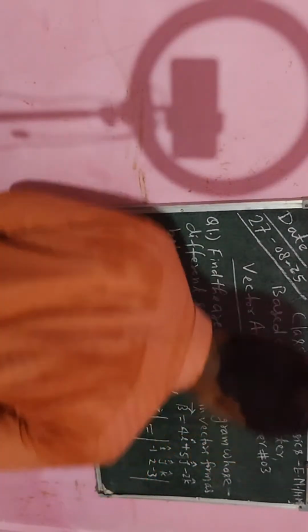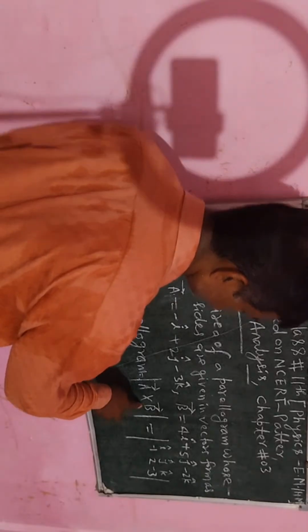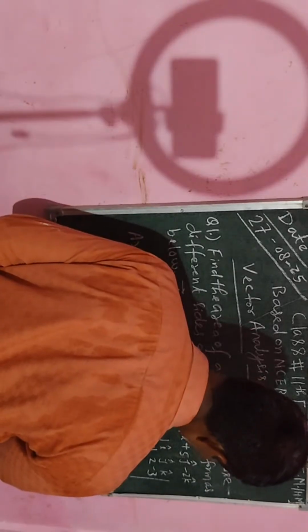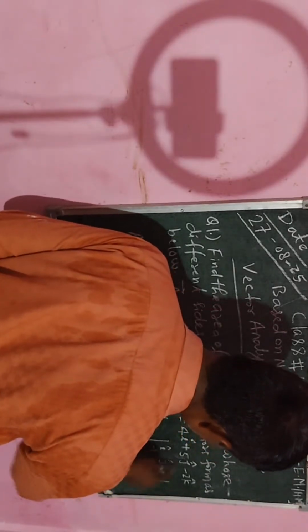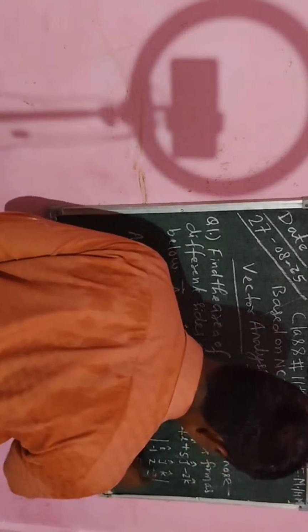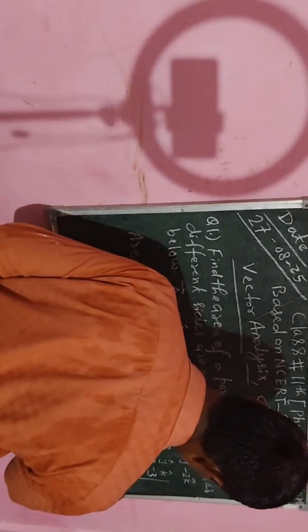And also the coefficients of vector B: the coefficient of vector i is 4, the coefficient of vector j is 5, and the coefficient of vector k is -2.